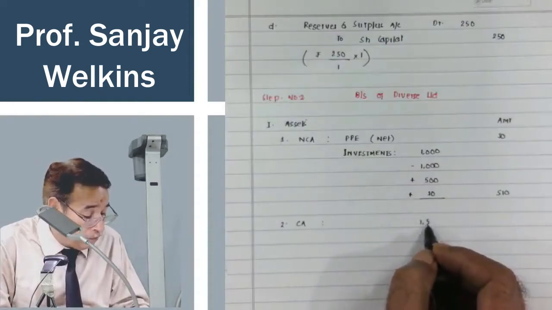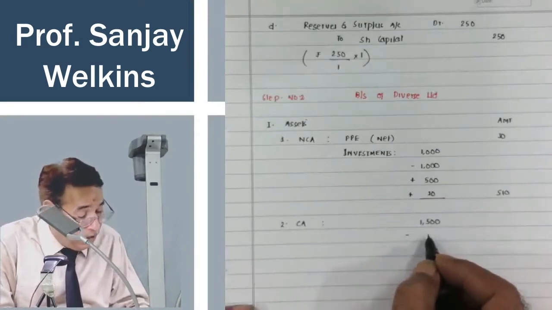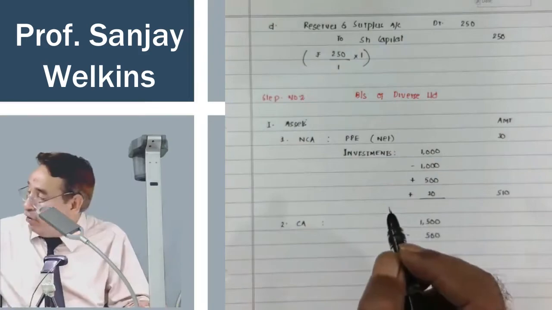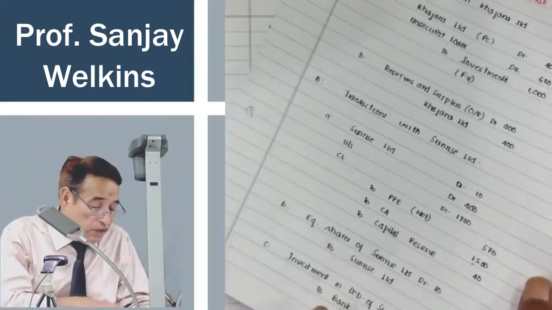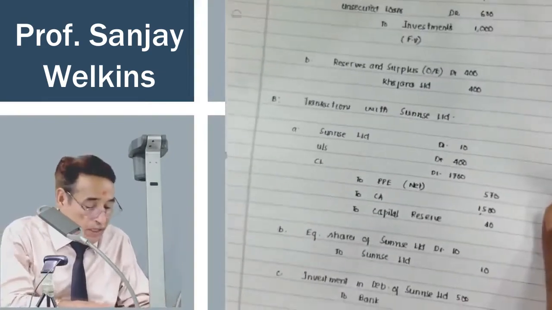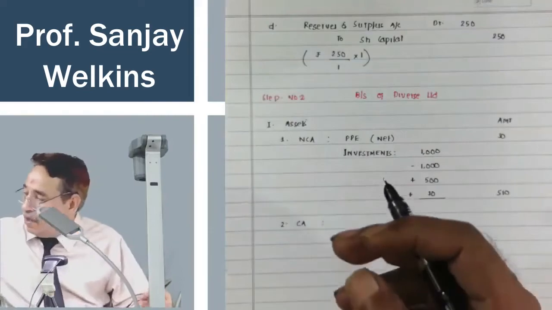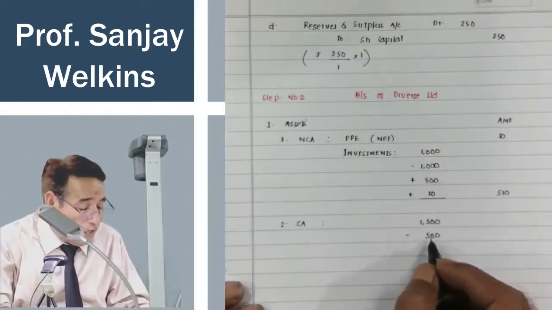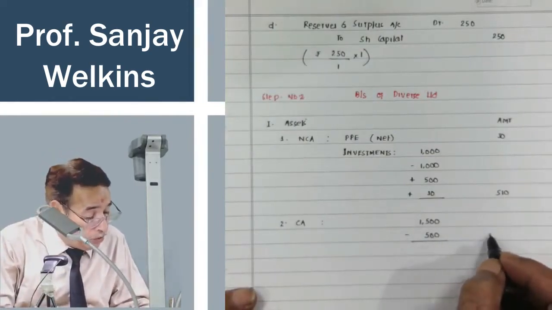However, here you will have to exercise caution. I am subtracting here 500. Sir, why this 500? If you remember, I just passed an entry over here: investment in debentures account debit to bank account. So my current assets will get reduced due to this investment, isn't it? So that's the reason this 500, for your reference, is due to investments. So your current assets will now be equal to 1000.